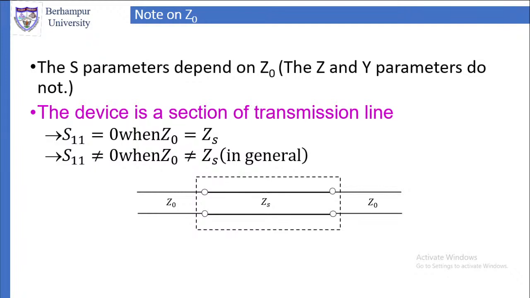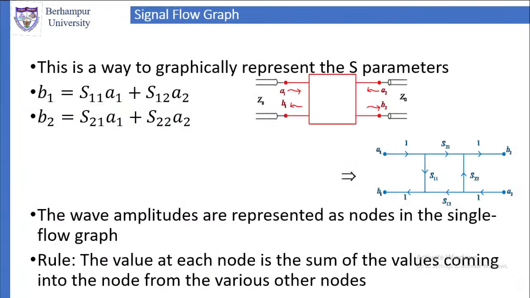So S11 will be 0 when Z0 is equal to ZS, and S11 is not equal to 0 when Z0 is not equal to ZS, which is the general case. So in general, the characteristic impedance of the transmission line will not be equal to the characteristic impedance of the equivalent transmission line for the device or for the network to which the transmission line is connected. So this is a small note on Z0.